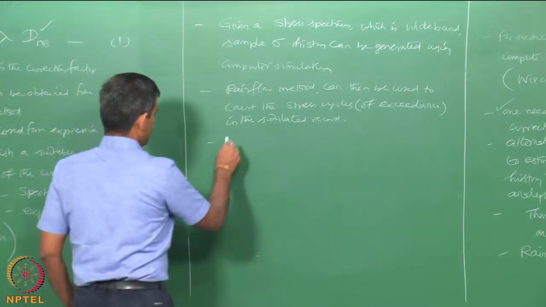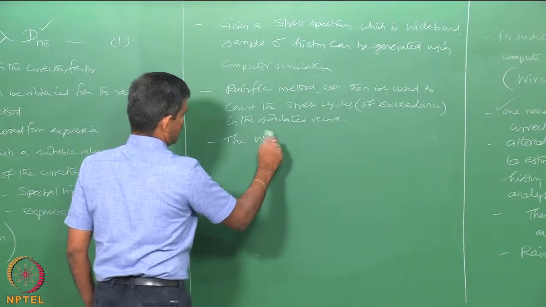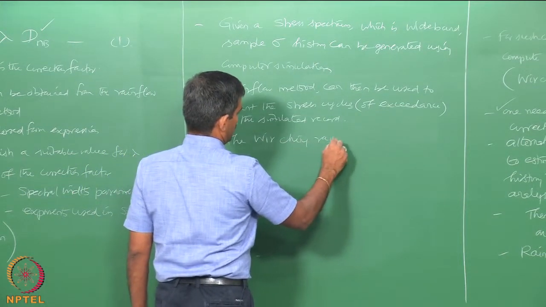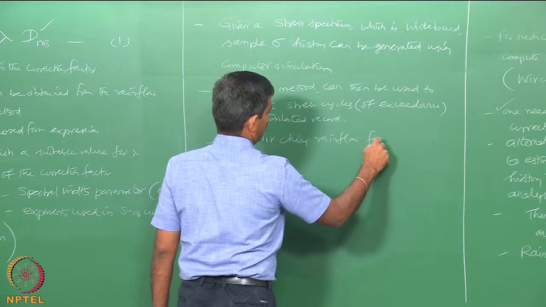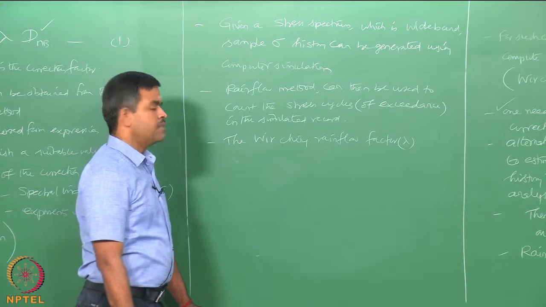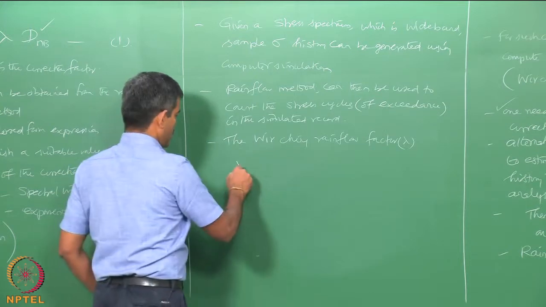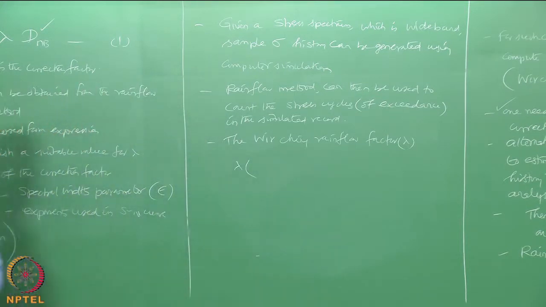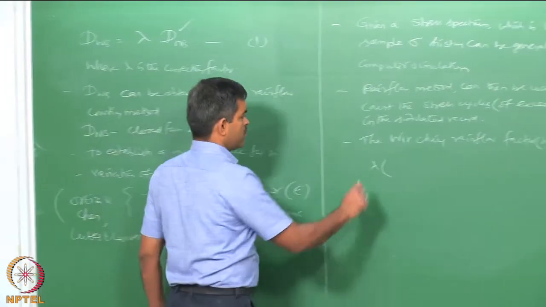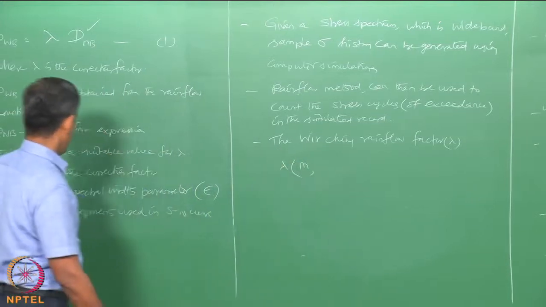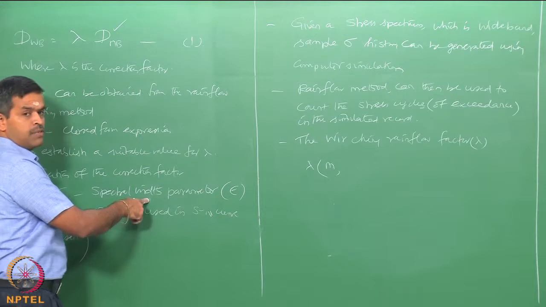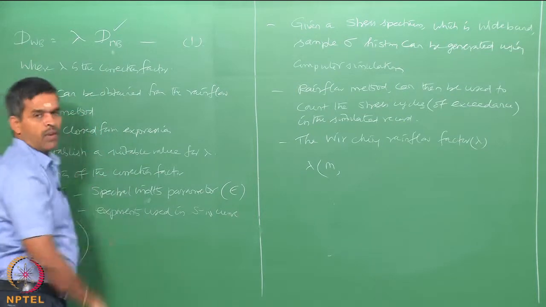Now, the Wirsching rainflow factor lambda is expressed by the following equation, which depends on the slope or the exponent of the SN curve and the spectral width parameter, which is a very important decision between the narrow band and the wide band.